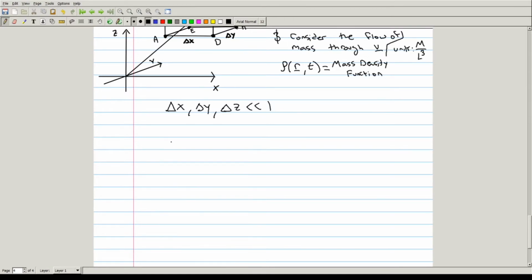Specifically, we'll start with the total mass entering the cube at face EFGH per unit time.